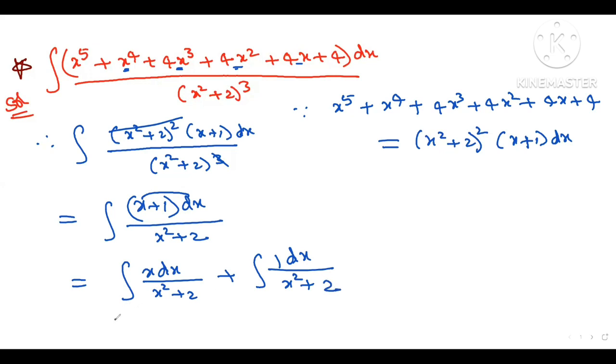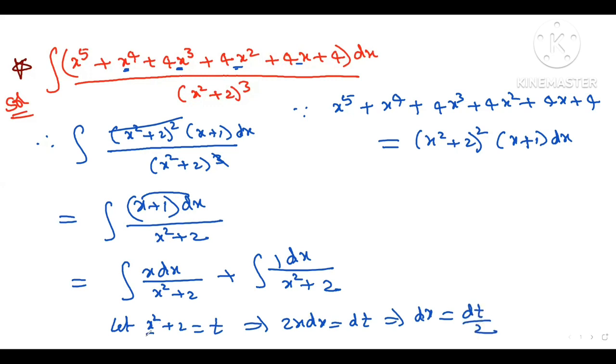So here in the first integral, let us take x square plus 2 is equal to t. Why? Because of its derivative: 2x dx is equal to dt, so we get x dx is equal to dt by 2. The differentiation of x square is 2x, and the differentiation of 2 is 0.